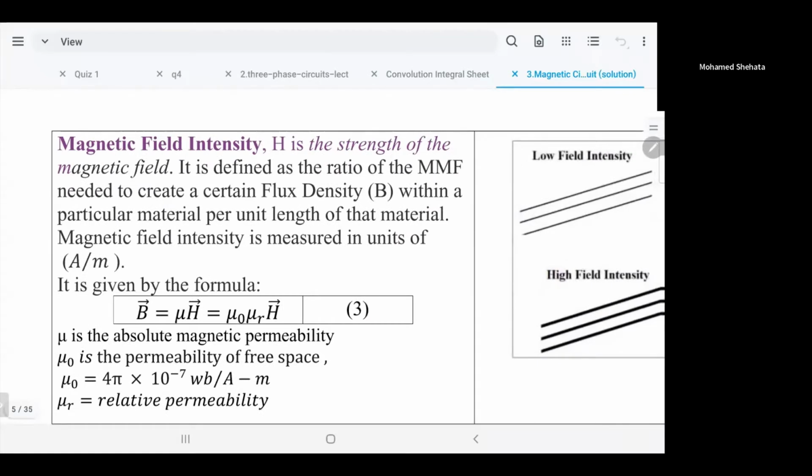The intensity is related to the density by mu. Mu is called permeability. I'm sure you had this in high school, permeability. But what does it mean?